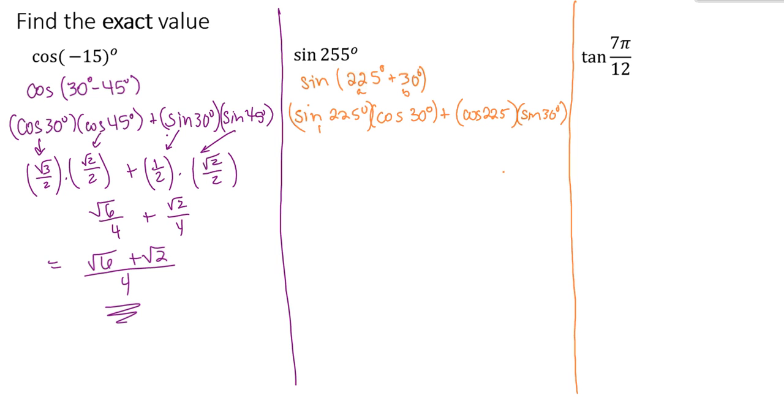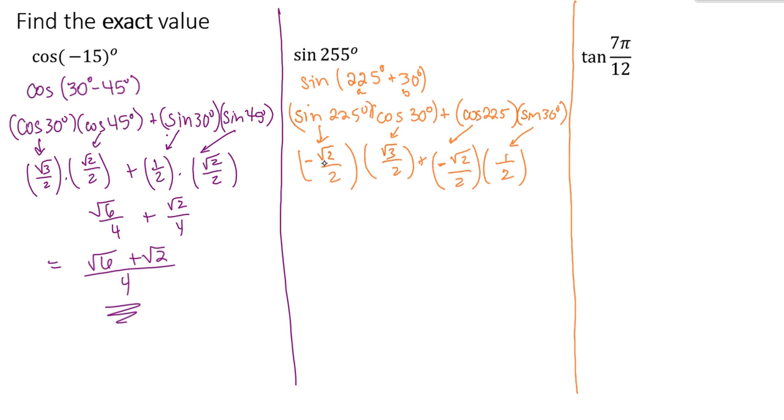Okay, sine of 225, let's see, that's in quadrant 3, so it's going to be negative. I'm going to catch it this time. It's going to be negative, and then 225 is square root of 2 over 2, times square root of 3 over 2, and then plus cosine of 225 is the exact same thing, times the sine of 30, which is 1/2.